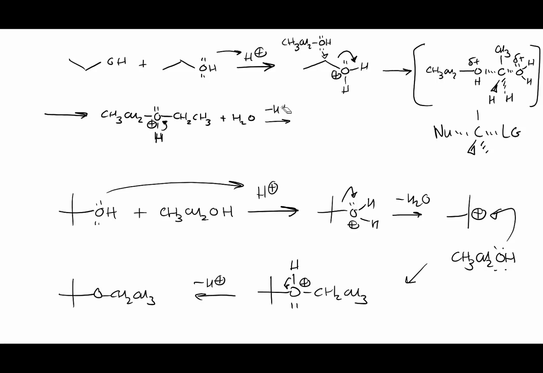I lose my H plus, and so then I end up forming my ether. So the H plus is a catalyst in this case because it's used at the beginning and it's regenerated at the end. So it is not a reactant. It's a catalyst in this particular case.